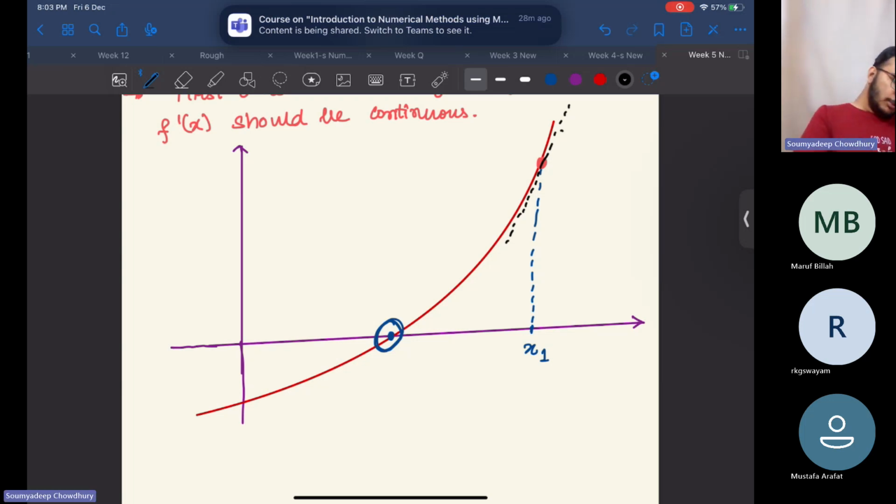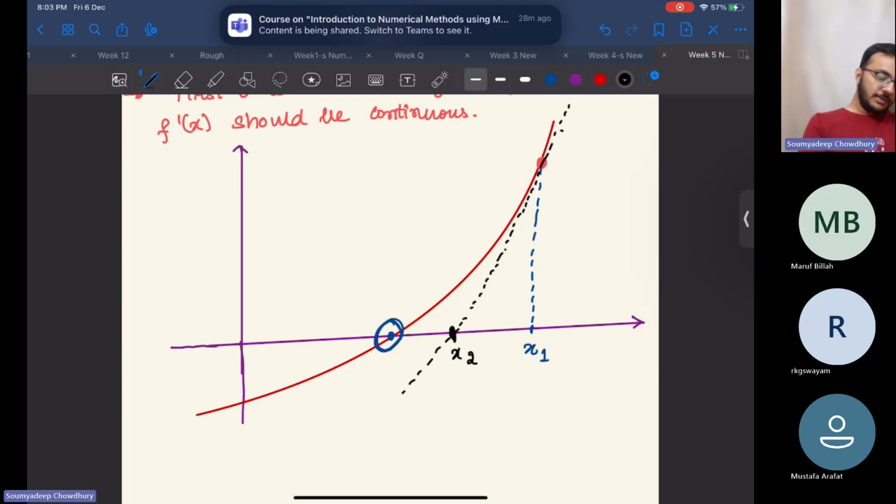We extend this tangent till it intersects the x-axis. Say it intersects the x-axis at some point, say x2. So this x2 is my next solution. That is, from x1, we approach x2.